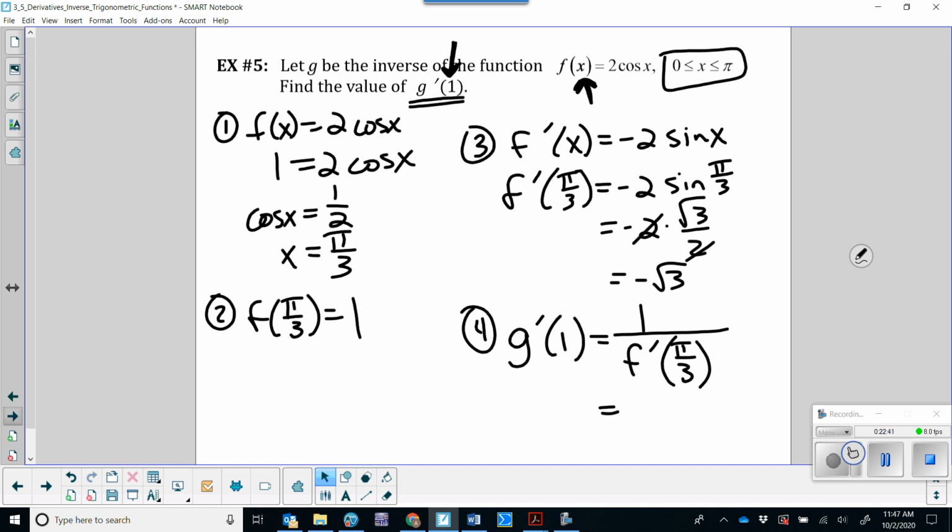And since I just found that, this is negative 1 over the square root of 3, and I'm finished. So that's a little review of how to do that derivative of the inverse function. Okay, so that's all we're going to do for the video, and then we may do a couple of additional examples in class.